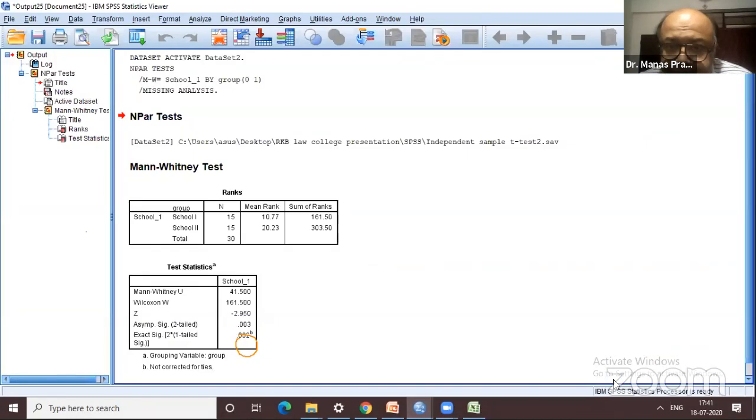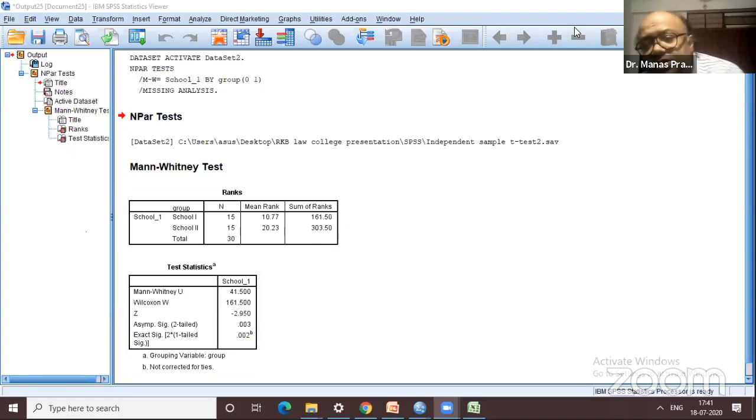You see here, this is the value, 0.003. This value is for two-tail and this is for one-tail.